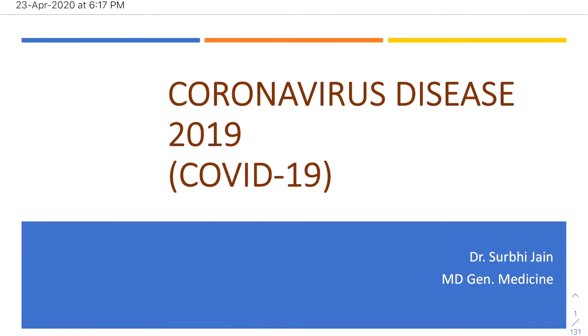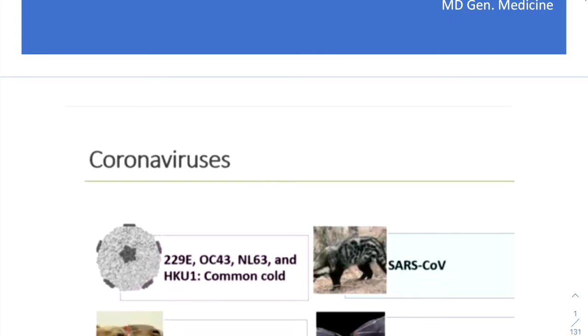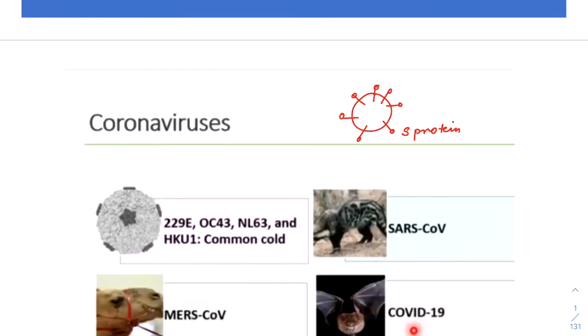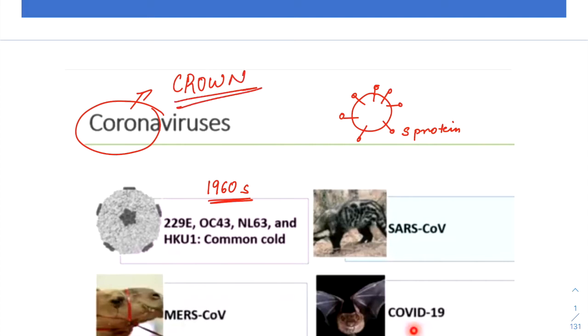So let's start. The outline of the talk, we will start with the virus itself. The coronaviruses are not new. They were discovered as early as the 1960s. You should know that the coronavirus derives its name from the word corona. It is a Latin term and it means crown. Why does it have the name?